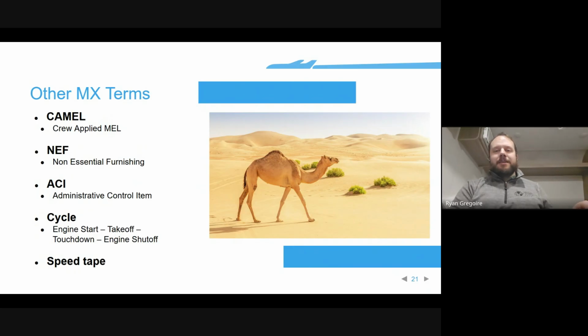And it's a technology thing and it's a hassle, but it is also one of the reasons that we need to be double checking all of the MELs that we are planning against all of the MELs that show up on the dispatch release. Because in this lovely world of computers, sometimes things just kind of get lost in the matrix.